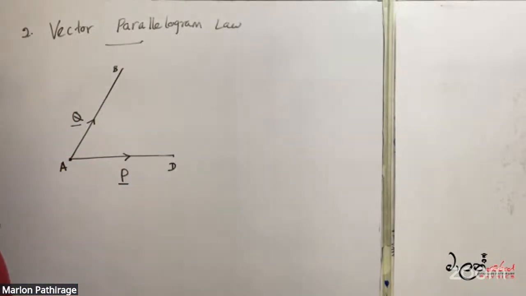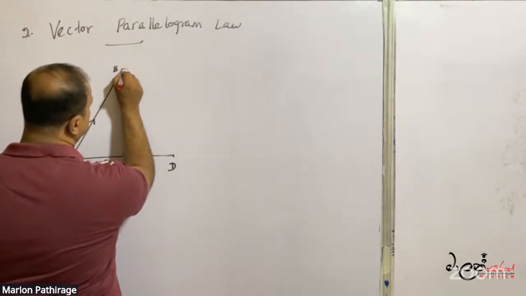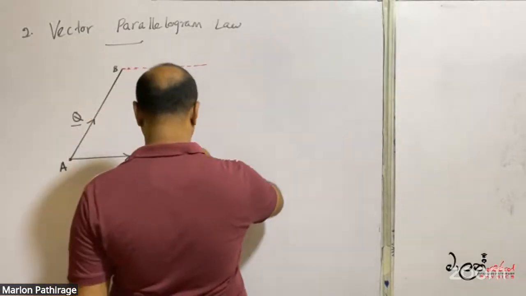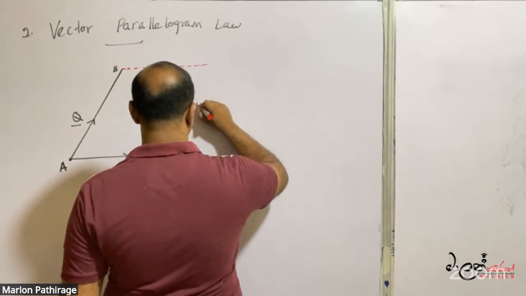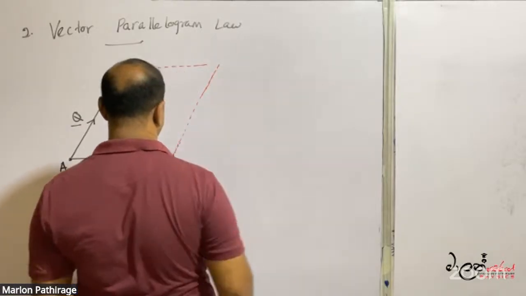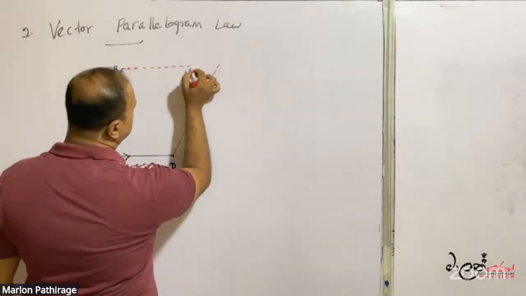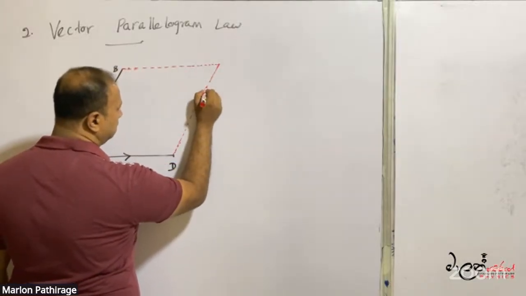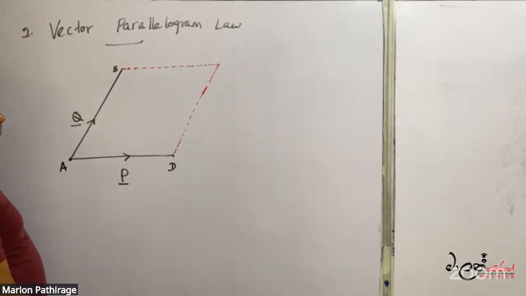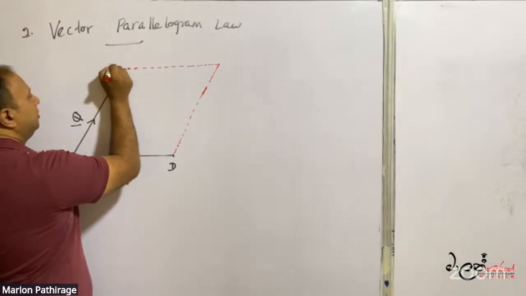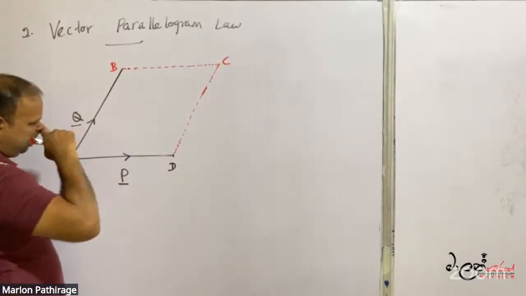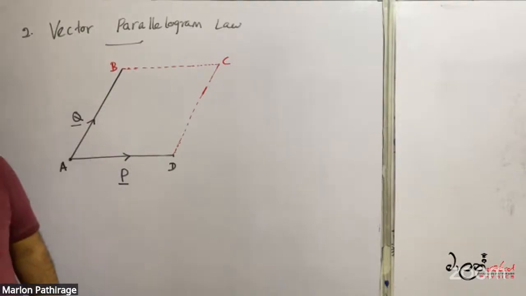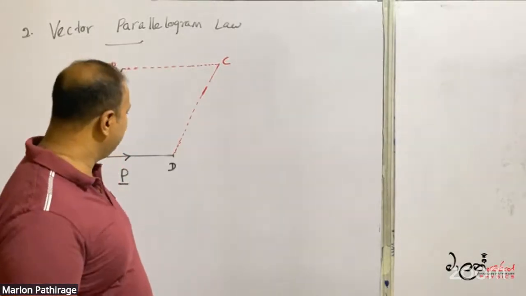Then we can complete the parallelogram with A. Suppose this one is B, this is C. Now, look at this one.